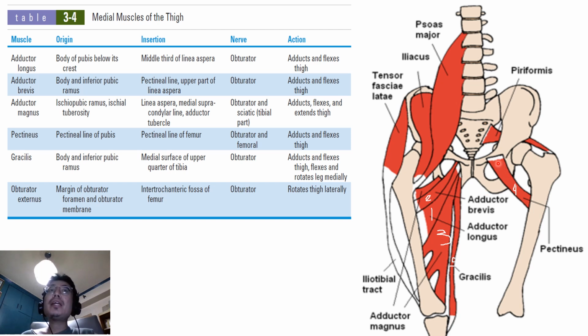Finally, we have the obturator externus, though unfortunately not shown here. It is also a medial thigh muscle. The obturator externus originates from the margin of the obturator foramen. This is the obturator foramen and the obturator membrane, and it inserts into the intertrochanteric fossa of the femur, which would be around here.